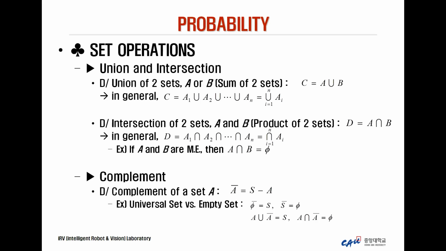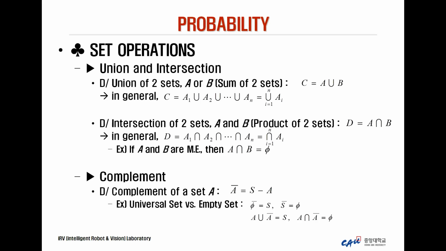The definition of intersection of two sets, A and B, sometimes I call this the probabilistic product of two sets. You have a new set D, which is A intersection B. I'm going to use the cap symbol there.